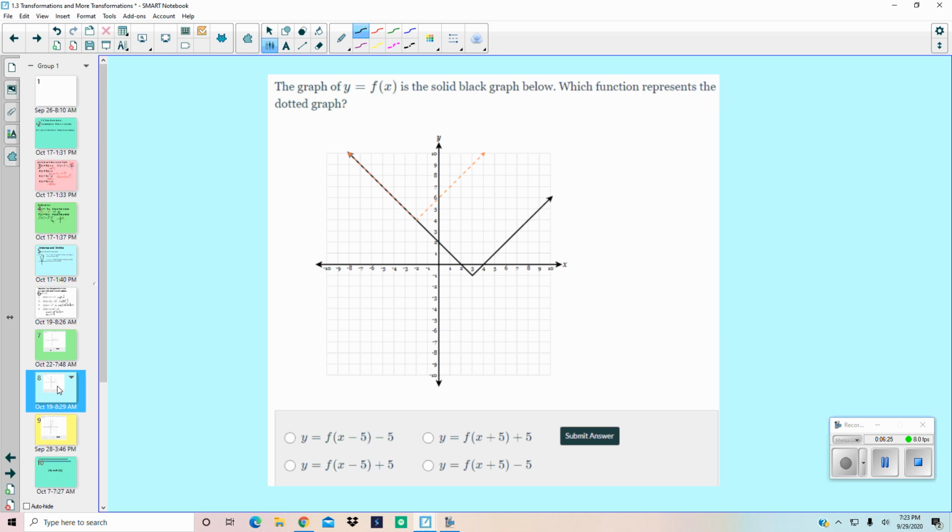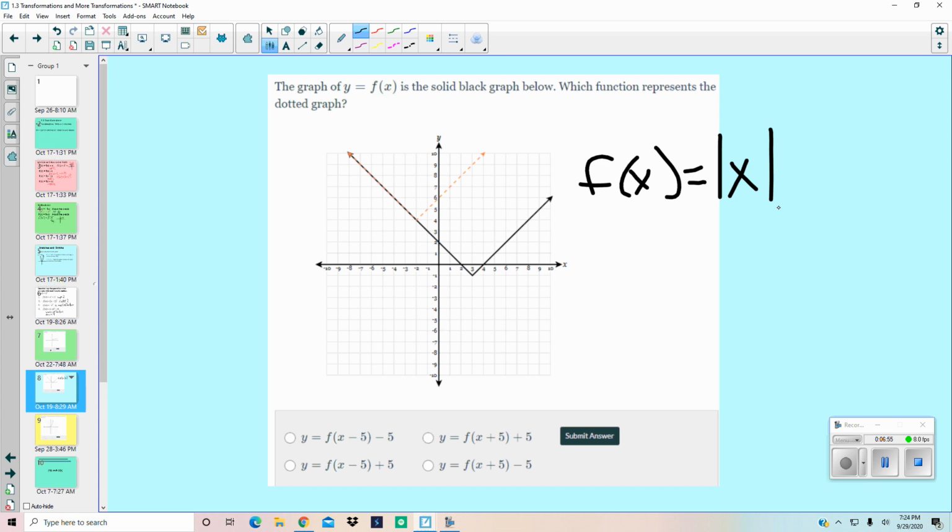Okay, so here I have an absolute value function, but this is just giving you the answer in terms of f of x. So it's not even telling you that it's absolute value, but you should recognize that this is an absolute value function. And it's taking the original function and moving it, let's count, 1, 2, 3, 4, 5 to the left.